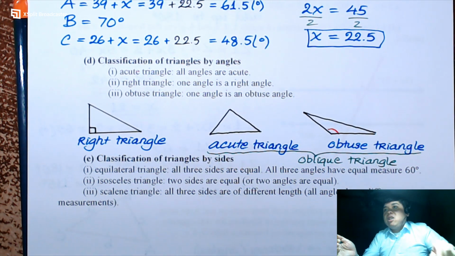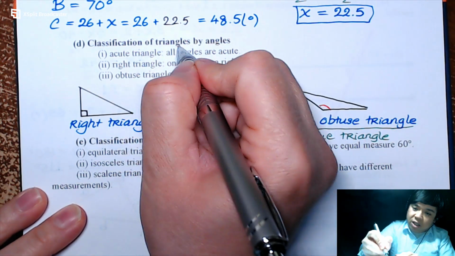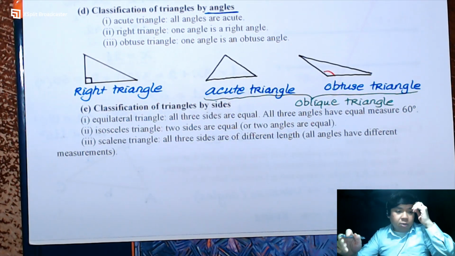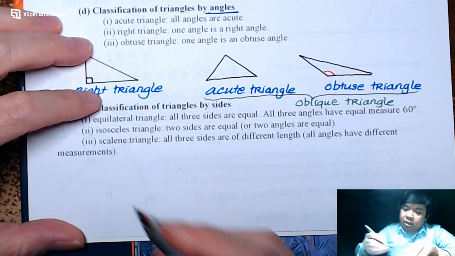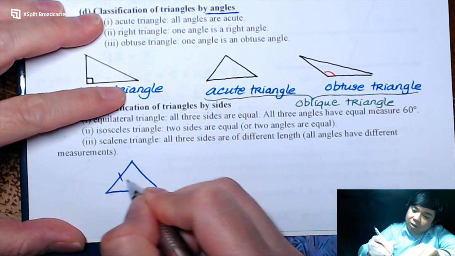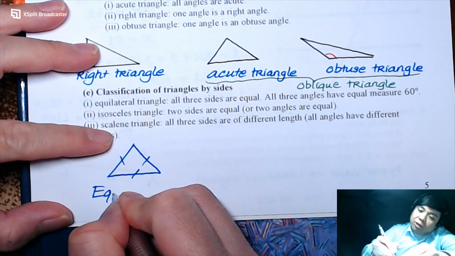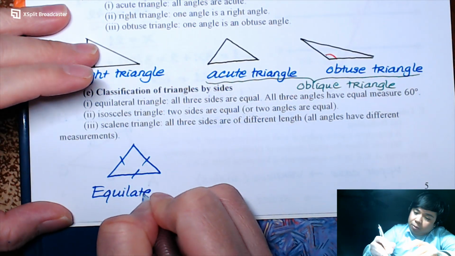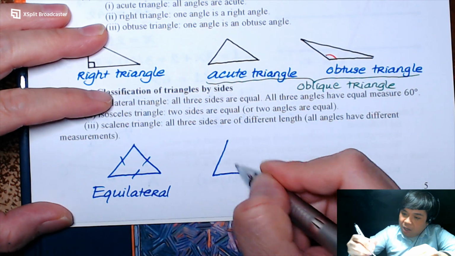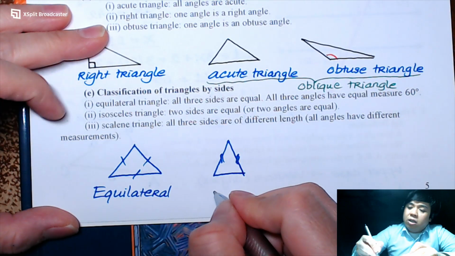Okay, so that's how we classify it based on angles. Just terminology here based on angle. Now if we classify based on size, okay, just draw by hand here. If three sides are equal, this is called equilateral. If we have two sides equal and the other side is not equal, this is called isosceles.